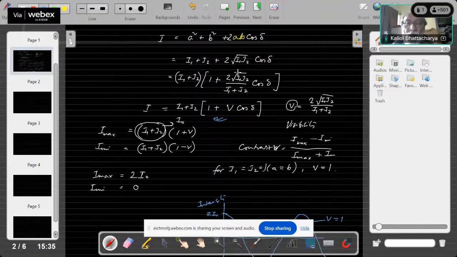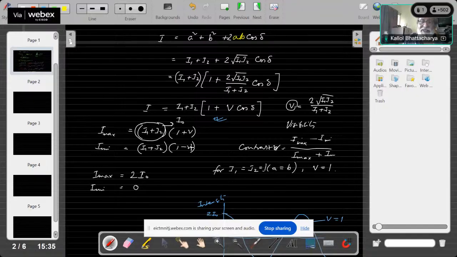It cannot go beyond 1. So, for example, if the amplitude of one of the beams is half that of the other, then V is some fraction. V being a fraction means that your maximum intensity will never be 2 I naught and the minimum intensity will never be 0.